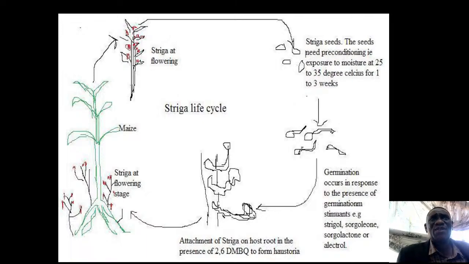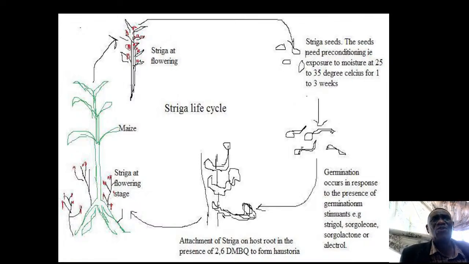You need preconditioning: moisture, temperatures ranging from 25 up to 35 degrees, and exposing the seed for 1 up to 3 weeks. The second pre-attachment condition is the germination stimulant, which is produced by the host.